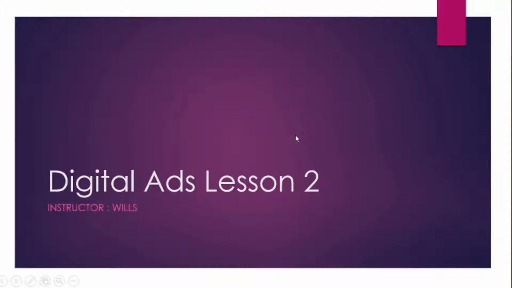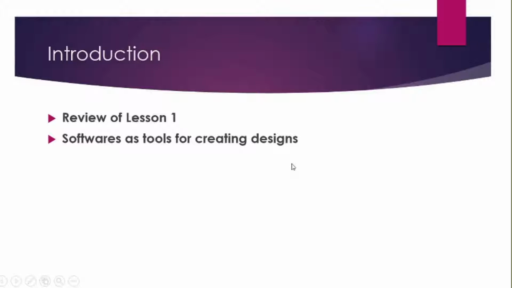Now, this is a progression from the first lesson where we learned about different types of ads. Just in review, we learned that in digital marketing we have different types of ads.